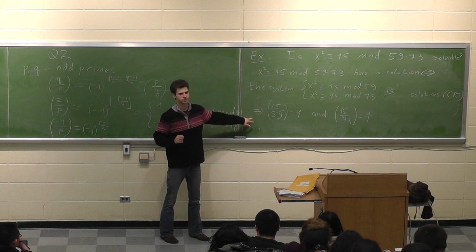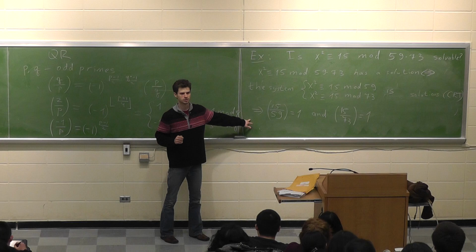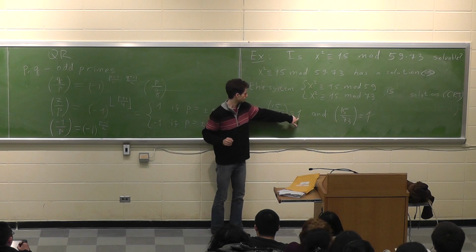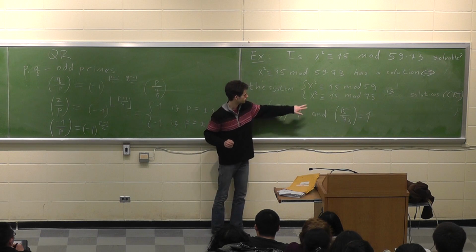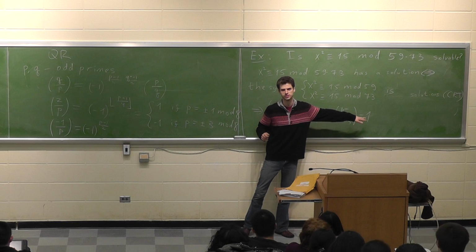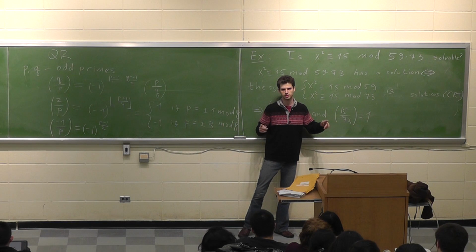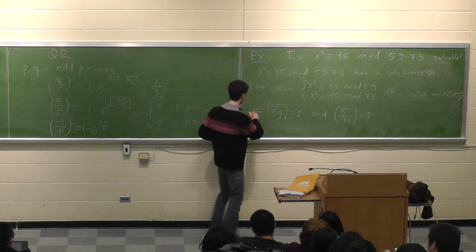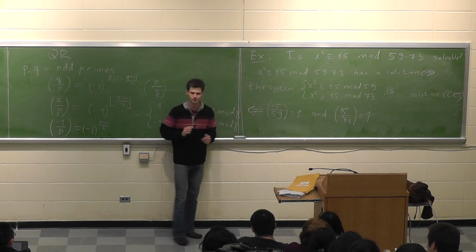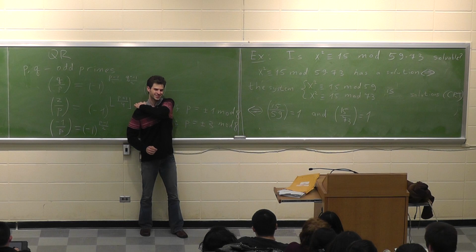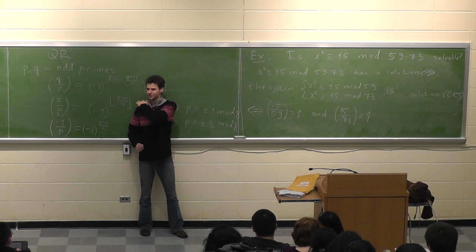So in the opposite direction, I'm not sure that this works, because it could be a square of one thing modulo 59 and of another thing modulo 73, and then we find something. Oh no, of course, yes, of course it works also. Sorry, I was confused for a second.